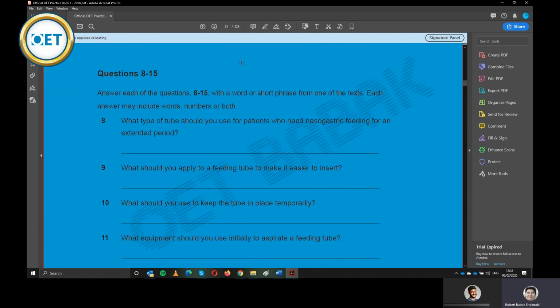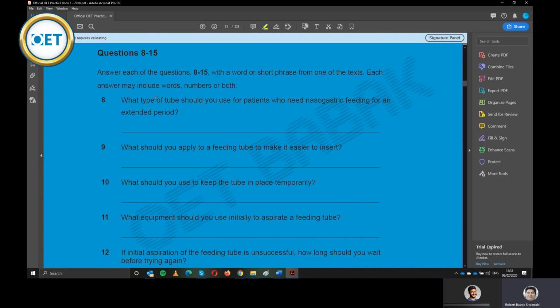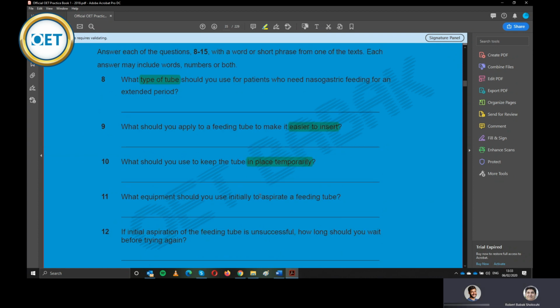So if I say what type of tube, we found it. It was fine bore. Easier to insert. What is it to keep the tube in place temporarily? Initially to aspirate.